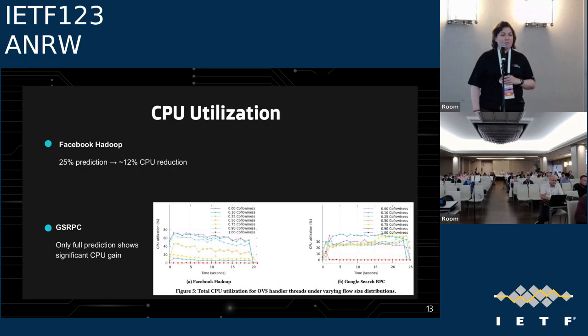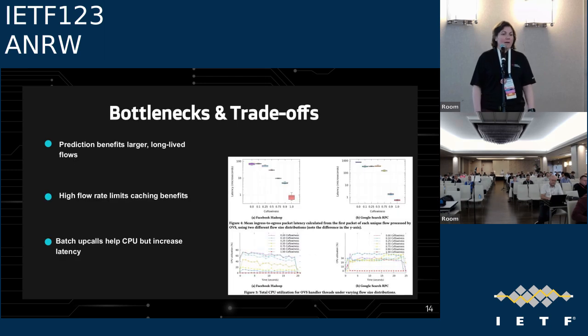For the CPU utilization, no big surprises here, but the more you know about the traffic that is going, the fewer upcalls you are doing. So the CPU load also decreases with an increasing ratio of the preloading in the cache. So these are some very high level results. We have more results in the paper, but the time here was really short.